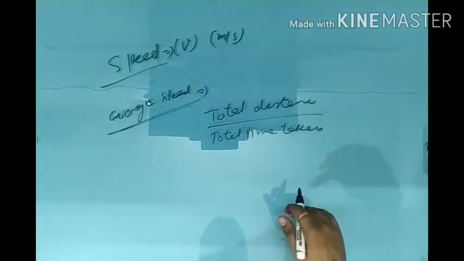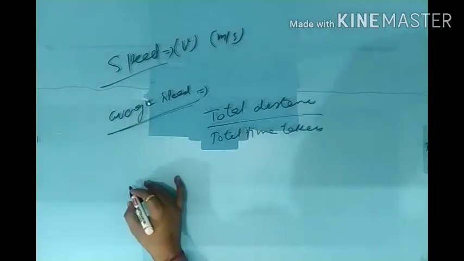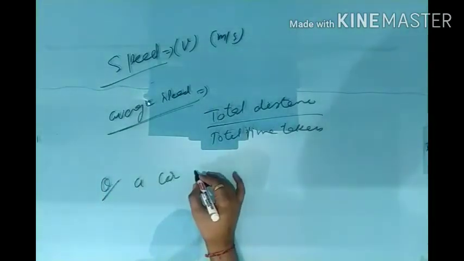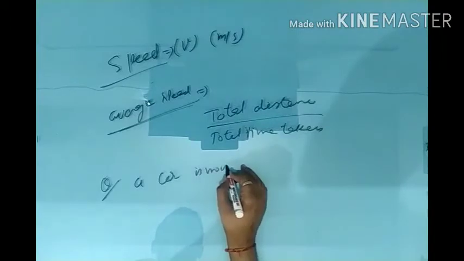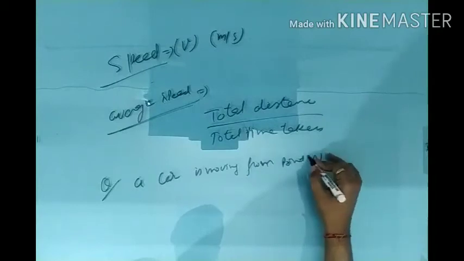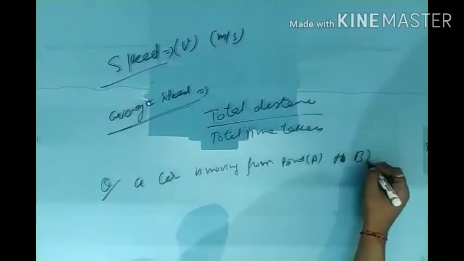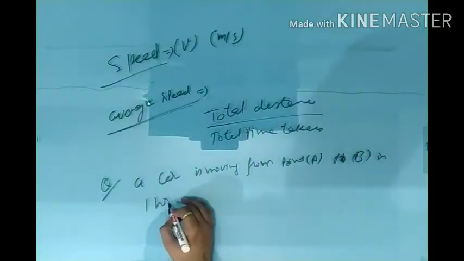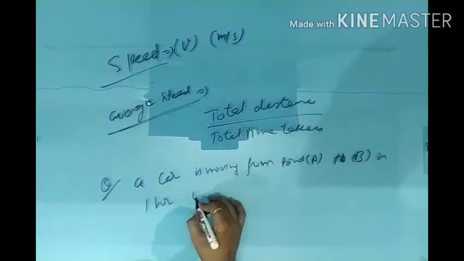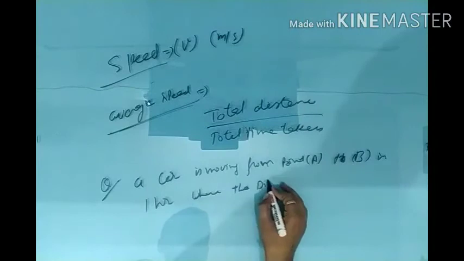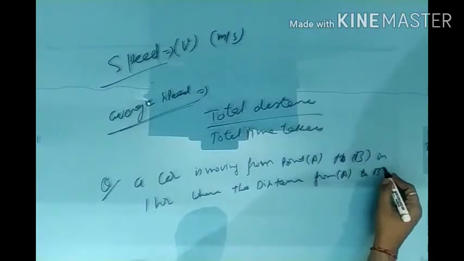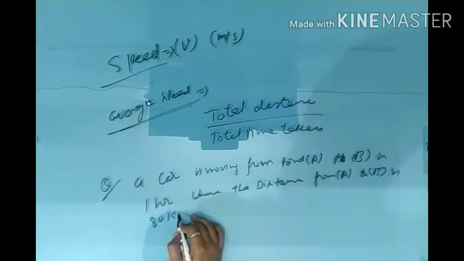Okay, now suppose we have to solve some questions related to speed and average speed. Let a car, that is the question, a car is moving from point A to B in 1 hour, where the distance from A to B is 80 km.